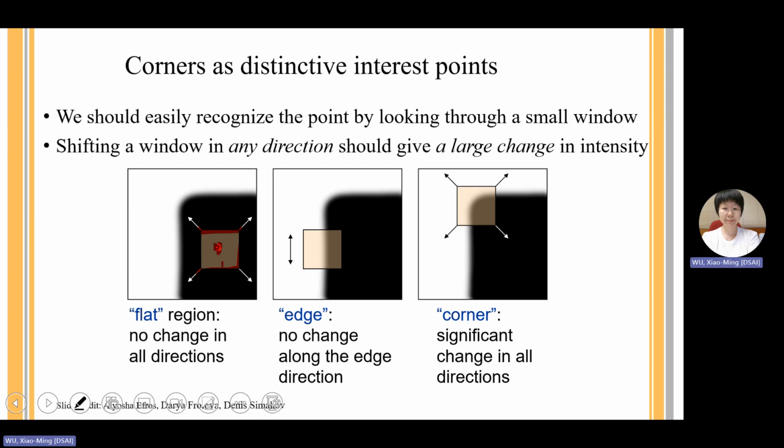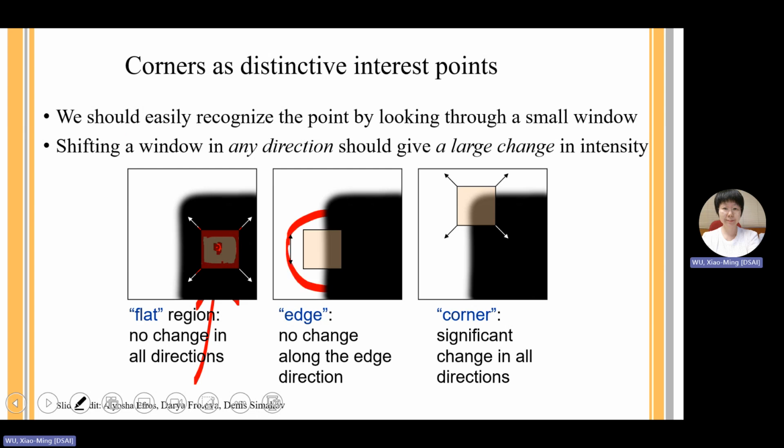For every single pixel within this window, let's consider its x derivative and y derivative. What can you observe? They're all zero, because the image content is basically the same. There's no variation. So the x derivatives and y derivatives are all zero.